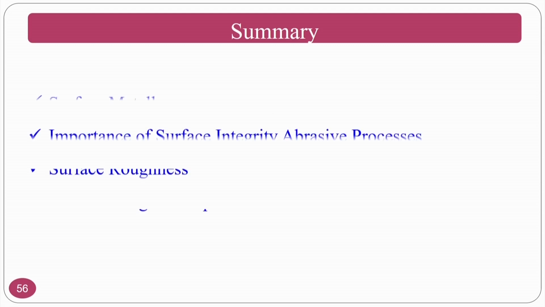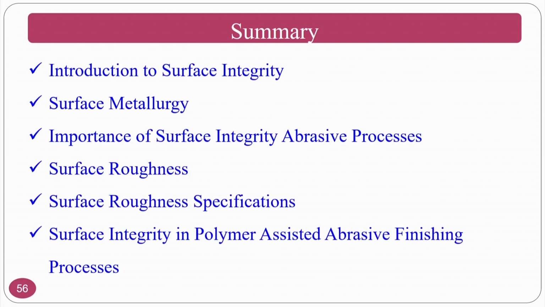Okay. Summary of this one. So, introduction to surface integrity, we have seen why surface integrity is required, why not only surface morphology. Then we have understood what surface morphology is, and we have gone to the first one among the surface integrity, that is surface metallurgy.